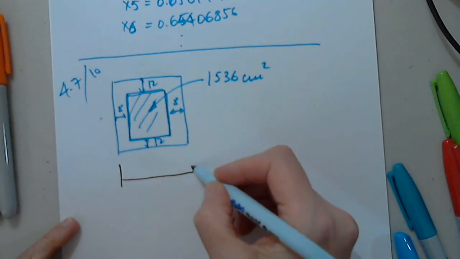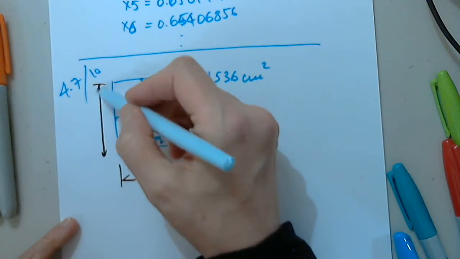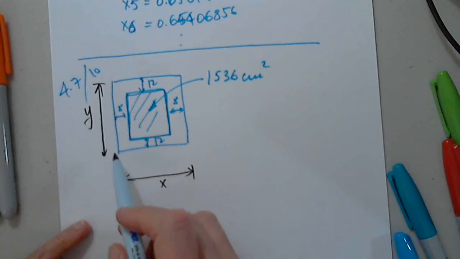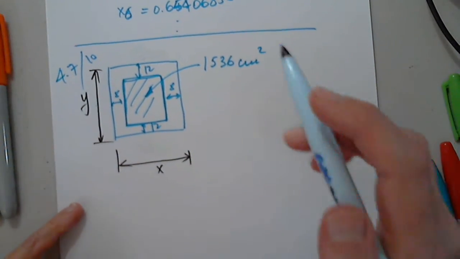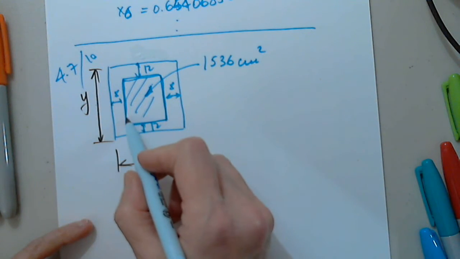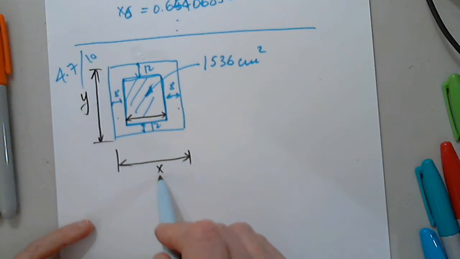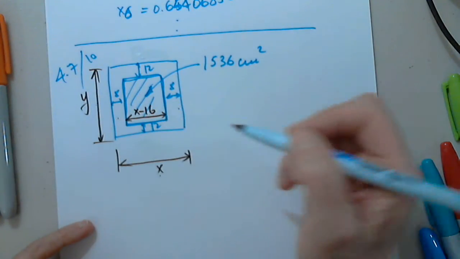So the dimensions of the poster are basically these, right? So this is X and this is Y. The inside is given to us, and we have to determine this width. As you see, 8 and 8, so it must be X minus 16.